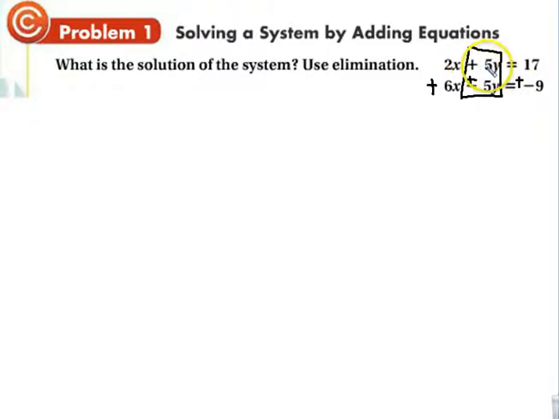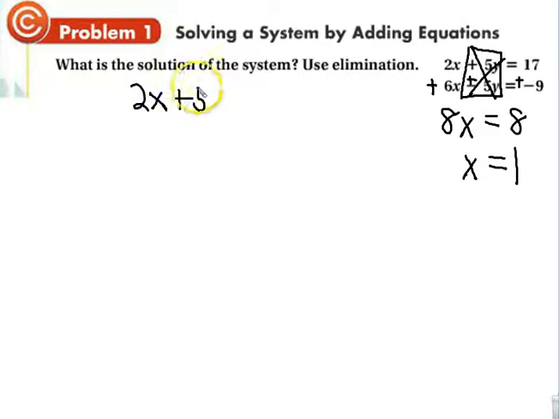Okay, by taking positive 5y plus a negative 5y, these two cancel each other out. What I end up with is 8x equals 17 plus negative 9, which is 8. So x equals 1. Okay? So then I go back to one of the originals.